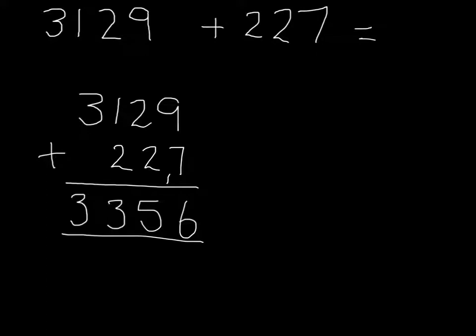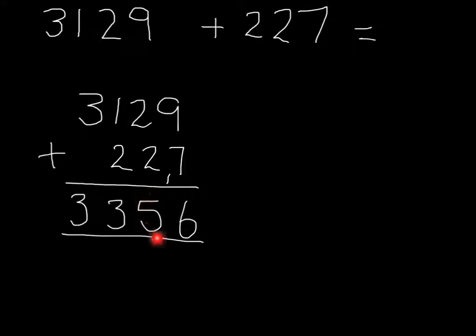We need to start adding. We're going to start with the units column. First of all, we are going to add 9 units and 7 units. This makes 16. We put the 6 in the units column and regroup the 10 with the tens column. Next, we add 2 tens, 2 tens, and the 10 we've regrouped.